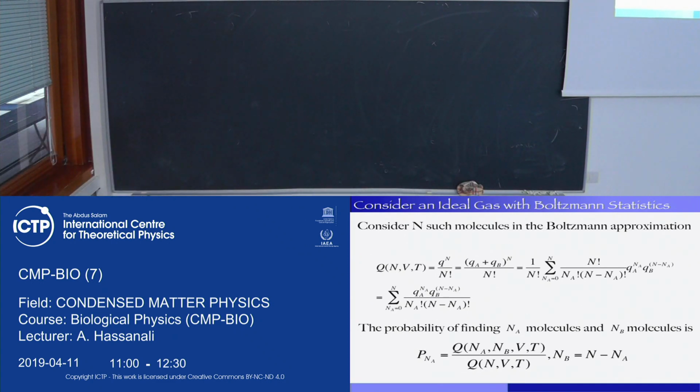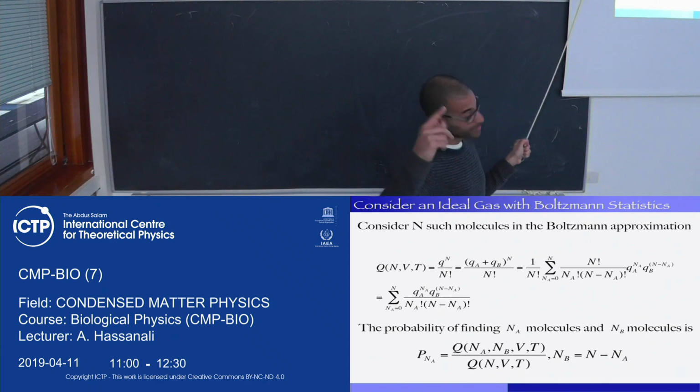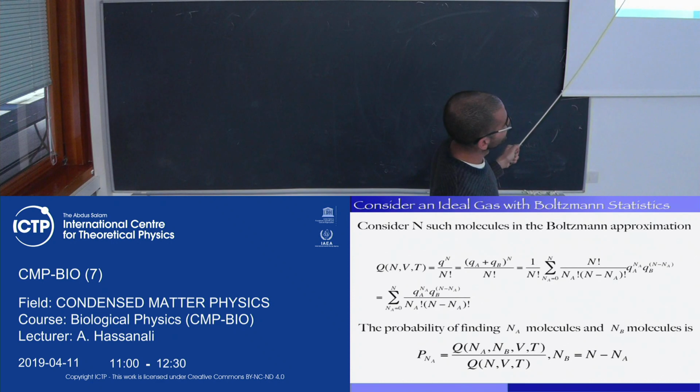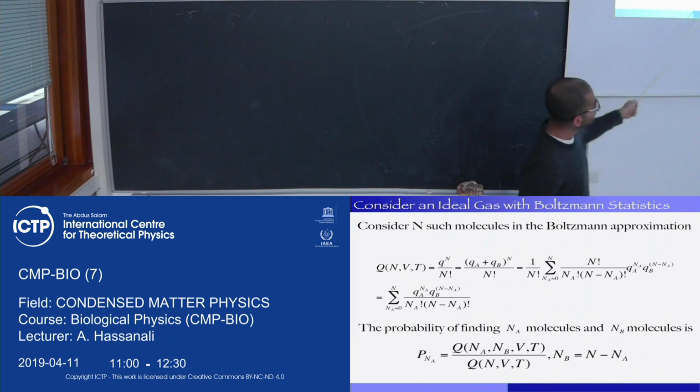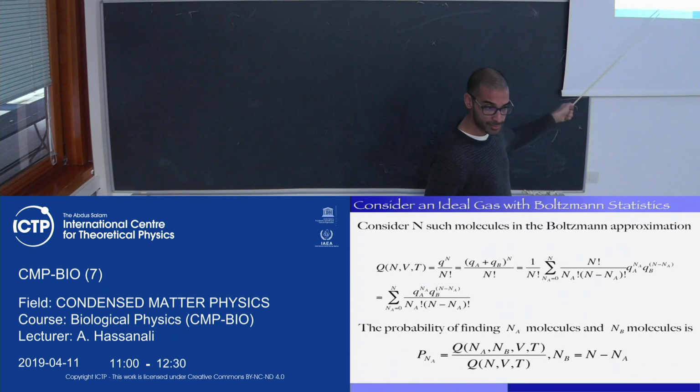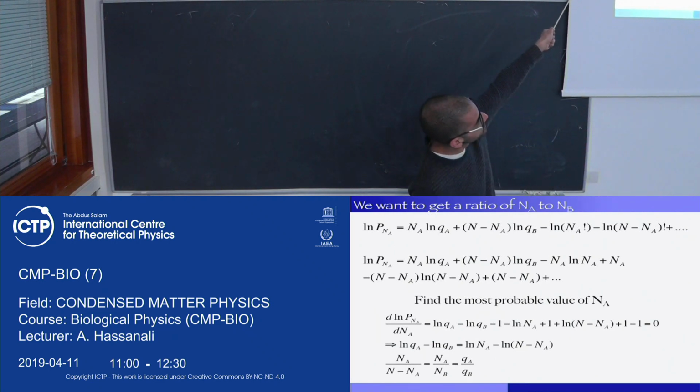Okay, so now we're getting closer to the question of the concentrations. The probability of finding NA molecules and NB molecules will be given by a ratio of some constrained partition function divided by the total partition function. This is just the probability. It's easier to work with the natural log of this.